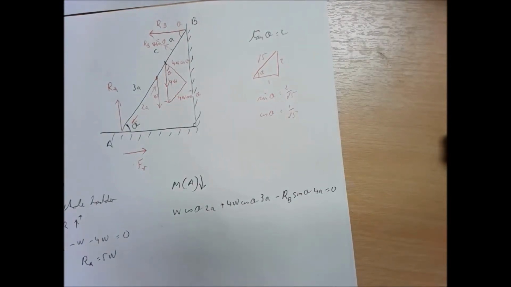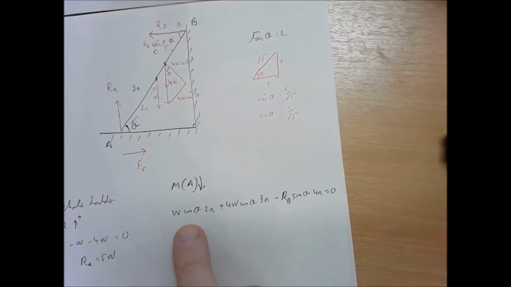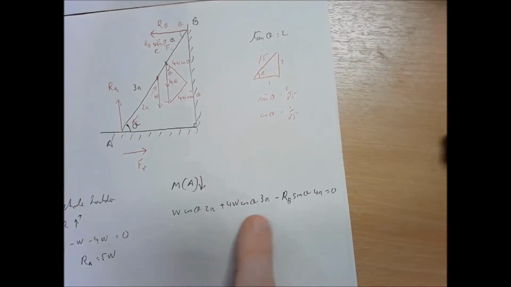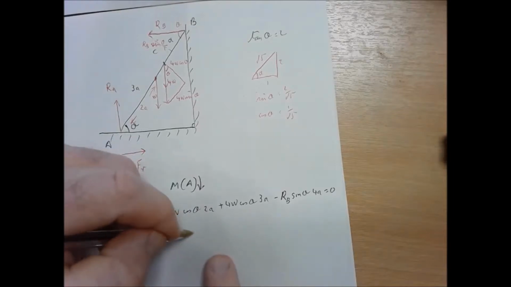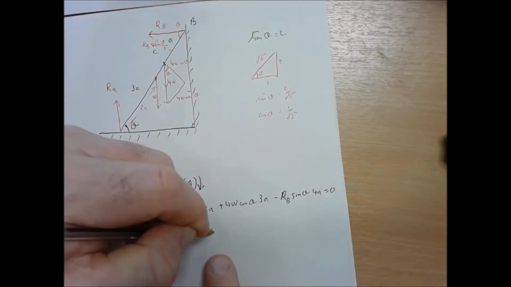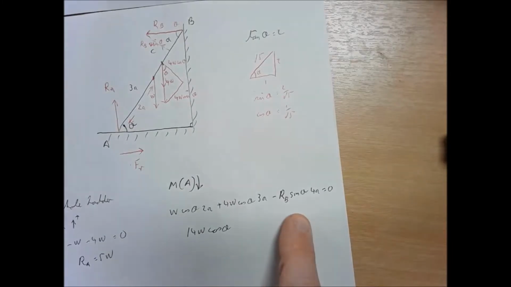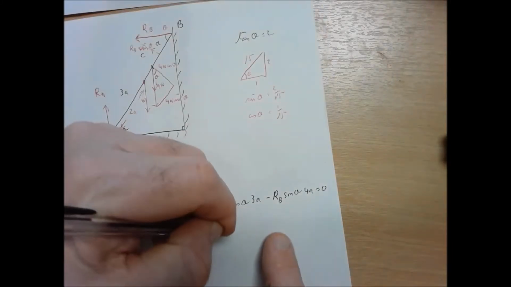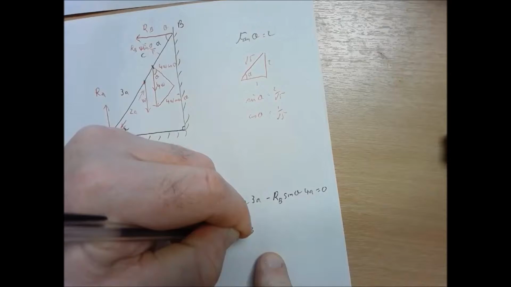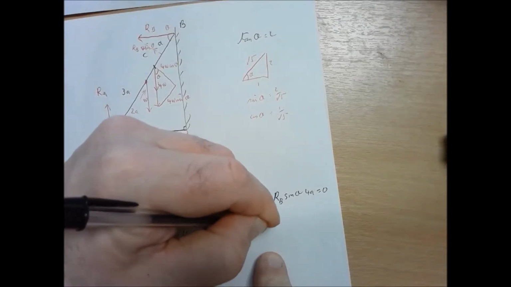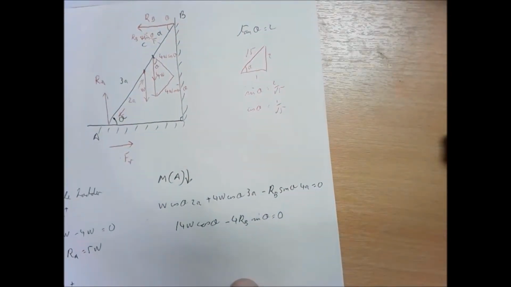I can get rid of the a's and tidy things up. That gives me 2W cos theta plus 12W cos theta, so I've got 14W cos theta minus 4RB sine theta, and that equals 0.